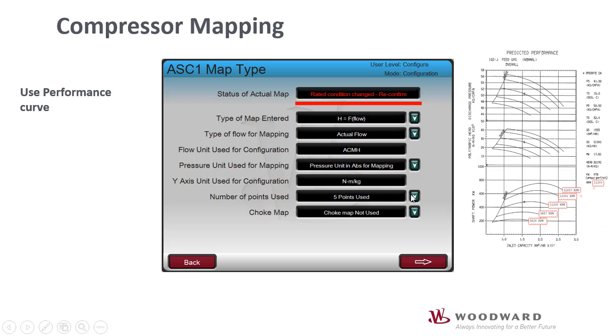We have selected 5 points, 1, 2, 3, 4, and 5. A normal convention is to use a minimum of 3 points. If we want to use a choke map, then we can use choke. Remember that Vertex does not have a choke controller. It has the option to create an alarm on the choke condition and to show the choke line, but there is no choke driver.